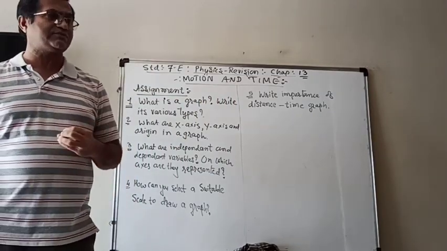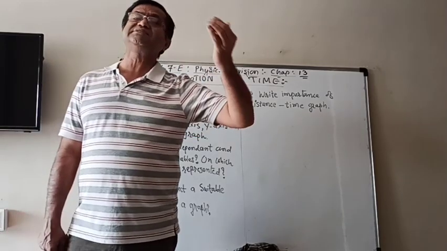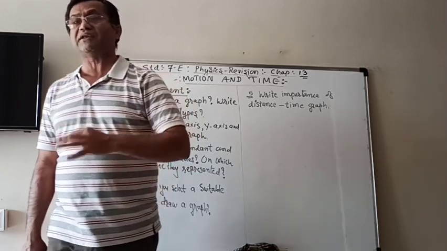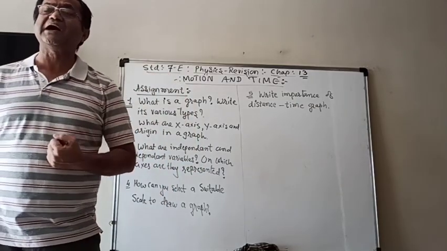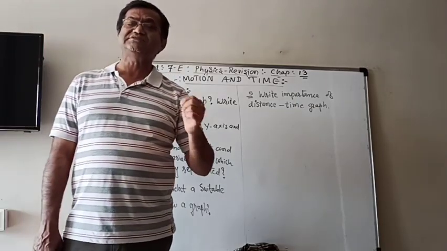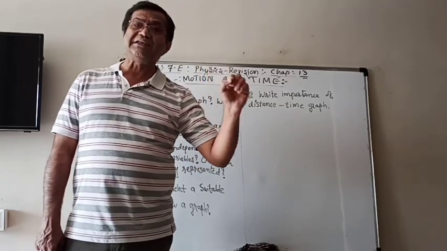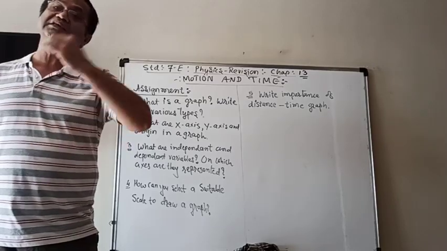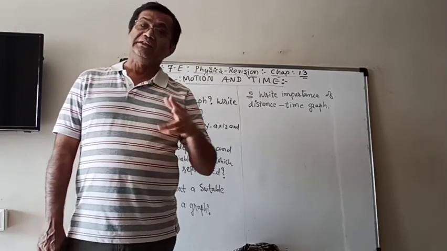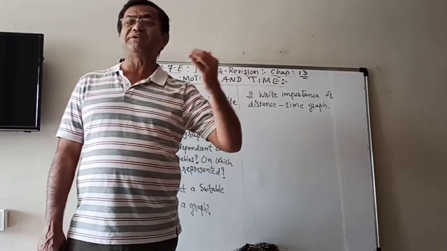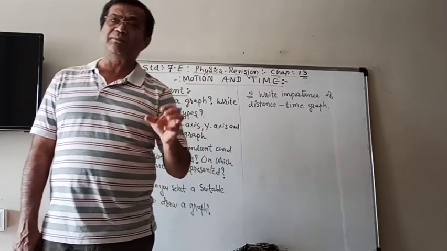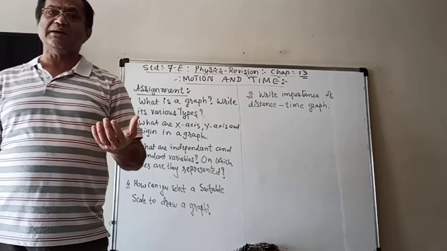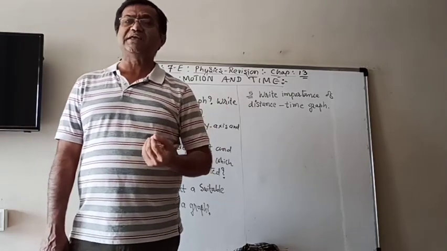Independent variable means the increasing or decreasing of that variable does not depend on another variable. For example, time. Time is generally taken as the independent variable because it does not depend on any other variable. A dependent variable means the increasing or decreasing of that variable depends on another variable. For example, the speed, etc.